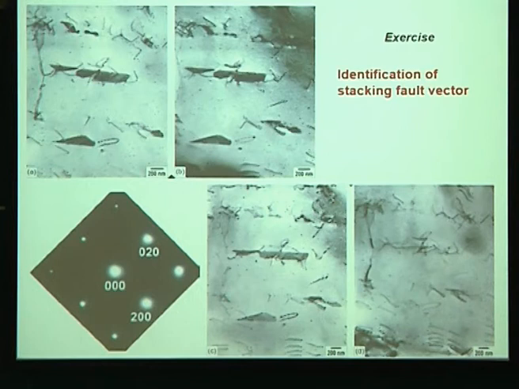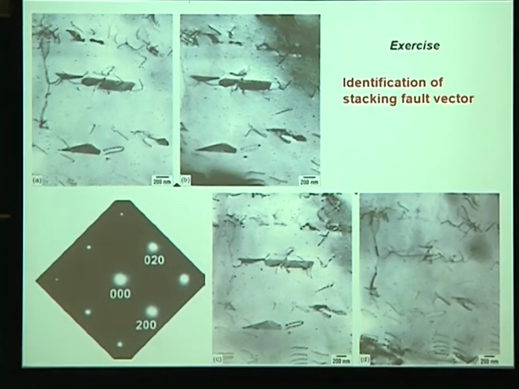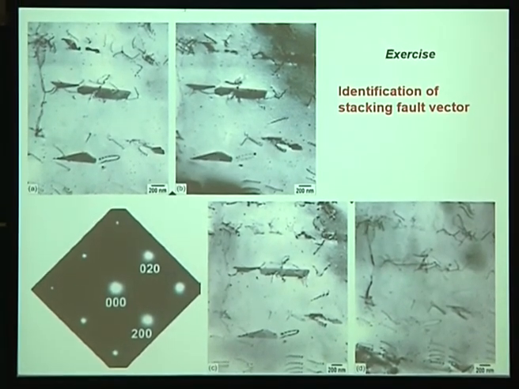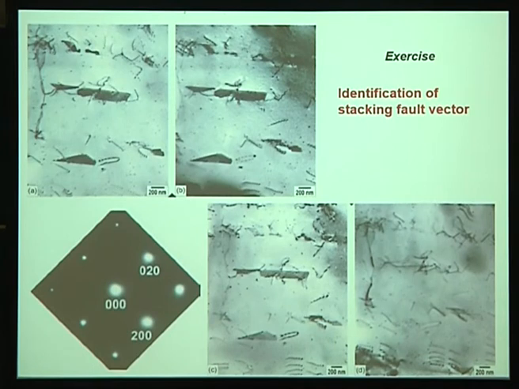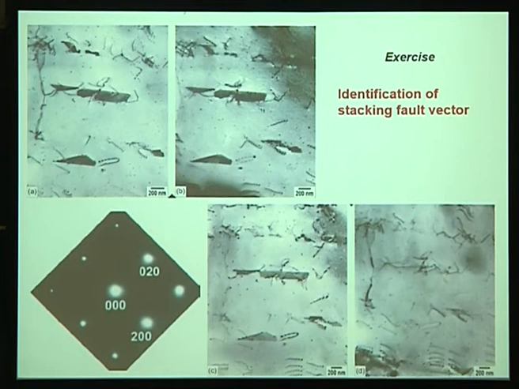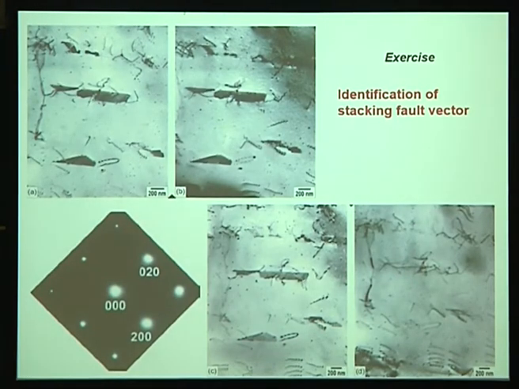This is one which I had given. Okay, these are some stacking faults which have been imaged under different conditions. You know stacking faults in FCC structure, on which planes they will lie, right? I had given the diffraction pattern corresponding to this with that orientation.